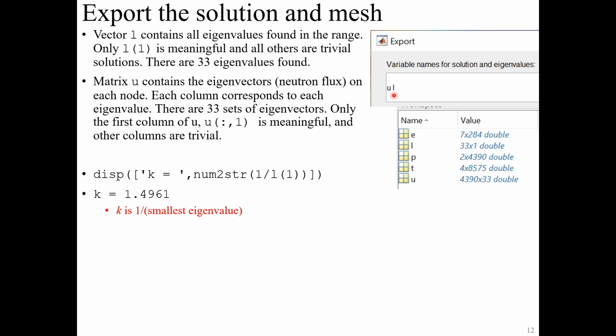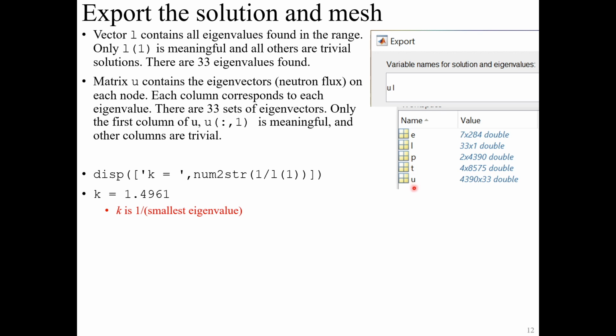So this vector L contains all the eigenvalues found in your search range. Only L1 is meaningful to us, because L1 is the smallest lambda, and all other values are trivial solutions we do not use. In this case, the calculation found 33 eigenvalues. The first one is useful, the other 32 are not useful.